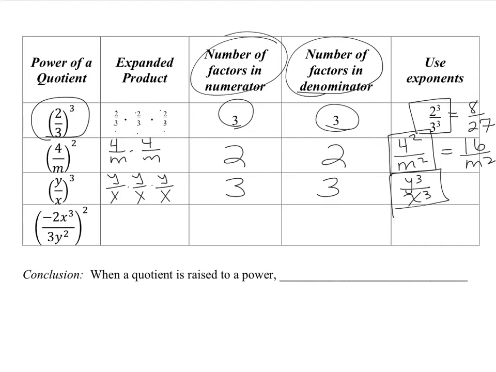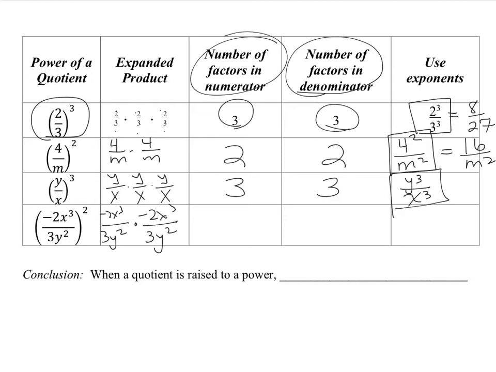All right, so now what if I've got multiple things going on here, right? So I've got negative 2x to the third over 3y squared, that whole thing to the second power. Well, what that means is negative 2x to the third over 3y to the second times negative 2x to the third over 3y to the second.